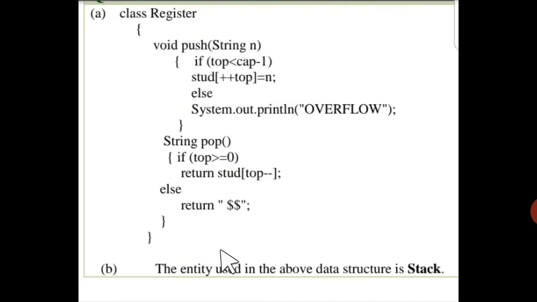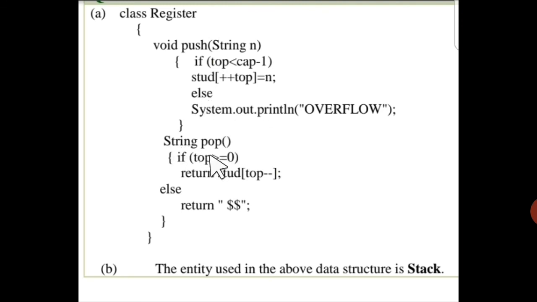Okay, now students, here we see class Register. Class Register means the same program that was printed in the board examination by the ISC board. So here is the solution: class Register, void push: if top is less than cap - 1, stud[++top] is initialized with the value n, which is the argument, else overflow.